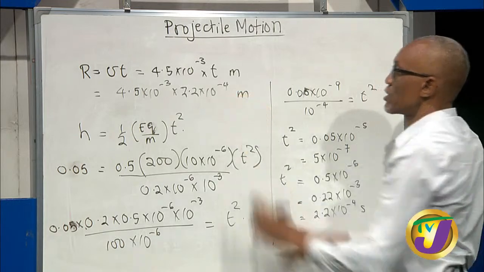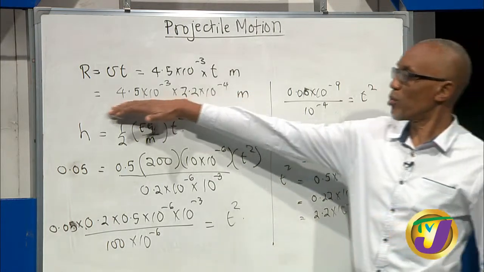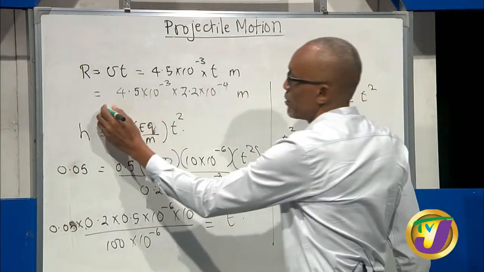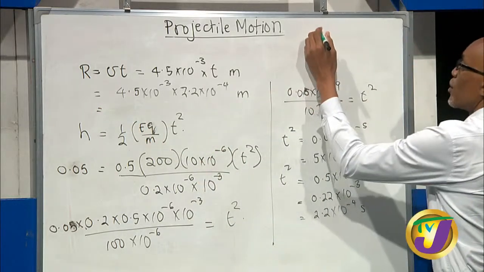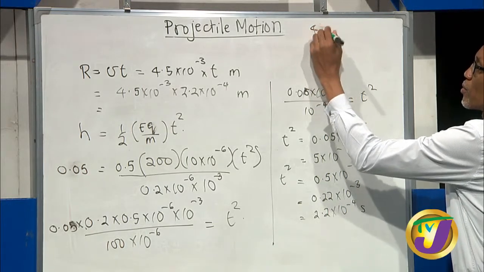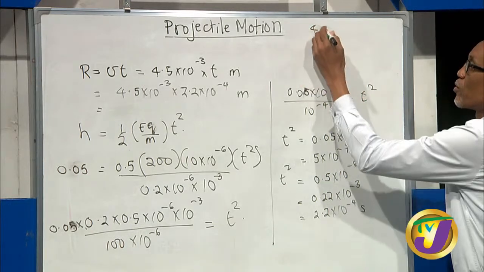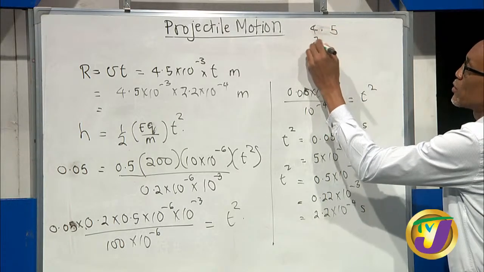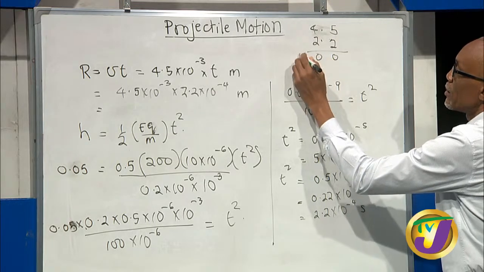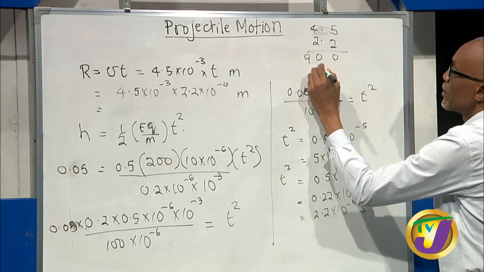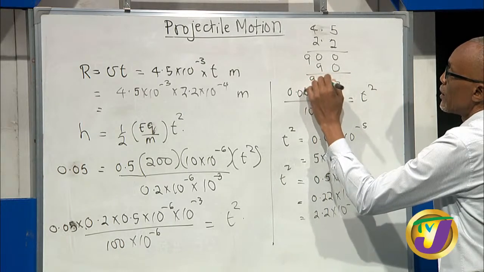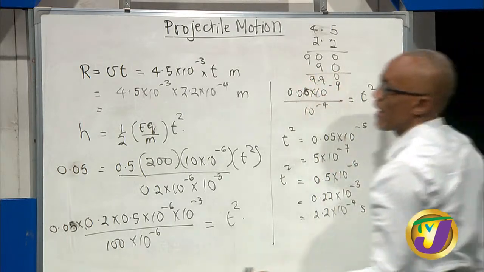And if this is greater than 0.1, let me go to my basic arithmetic. Remember this here, 4.5 by 2.2, that we have 9.9.